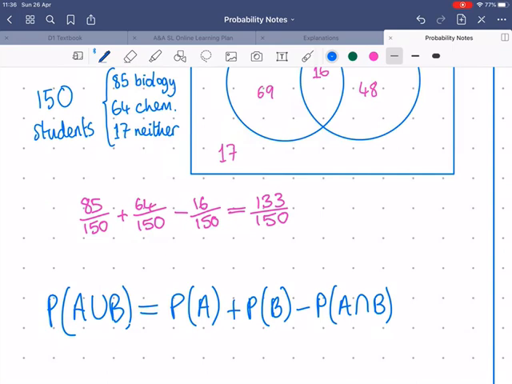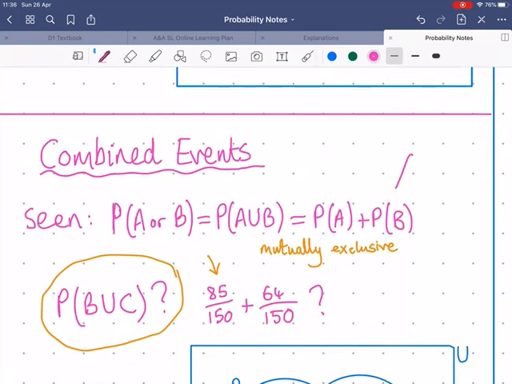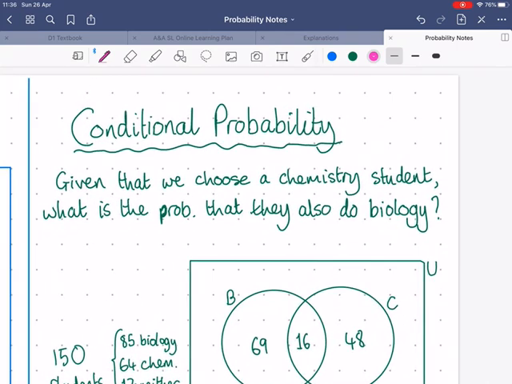Okay, so it really doesn't matter if you use the full formula, because all you'll be doing at the end is subtracting 0, and obviously that doesn't do anything. Okay, so this formula always works. Okay, unlike the formula above, that only works for mutually exclusive events.